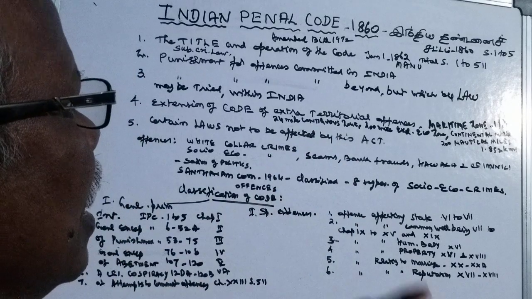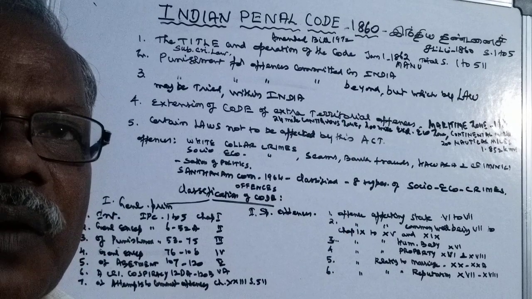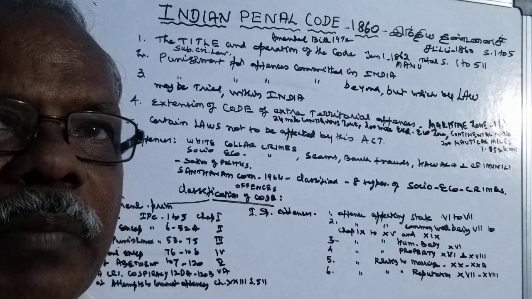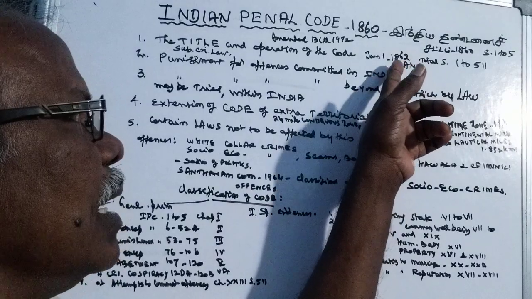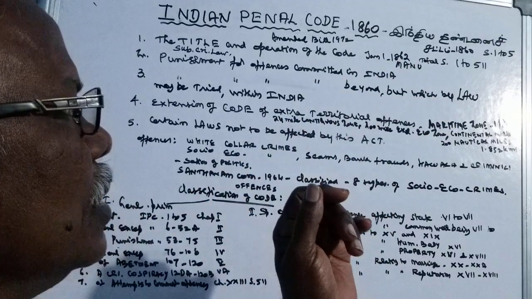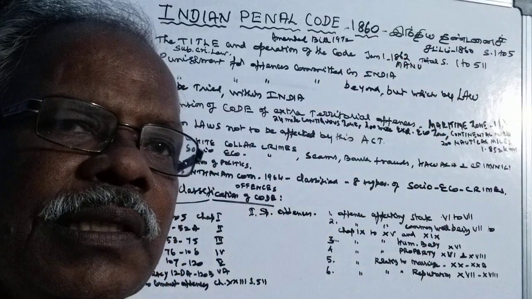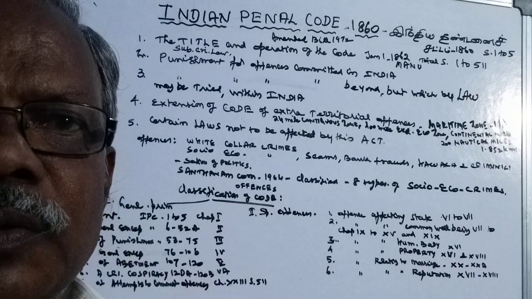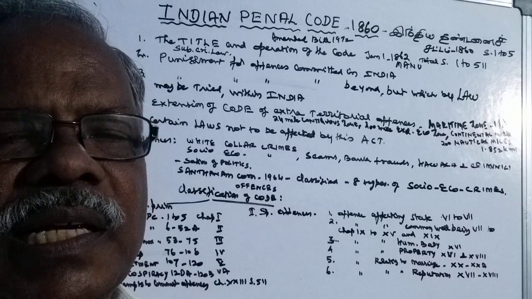Actually, this Indian Penal Code was enacted during 1860, but it came into force from January 1, 1862. This includes some of the items mentioned in Manu, which was adopted from time immemorial in India.